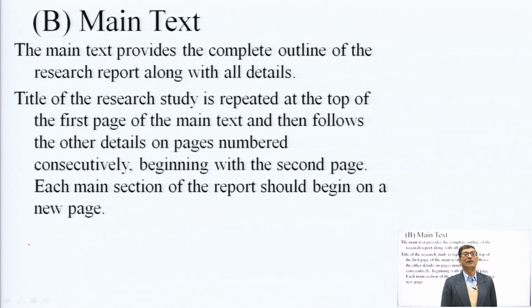Each main section of the report should begin on a new page. So, when you write a report, you should remember this thing: when you write any main section, you should start it on a new page.